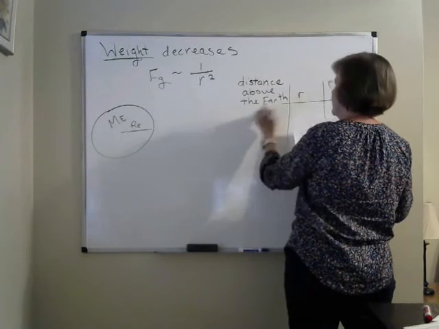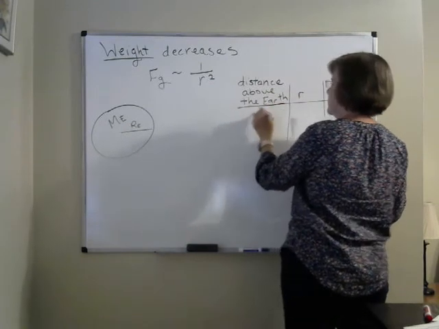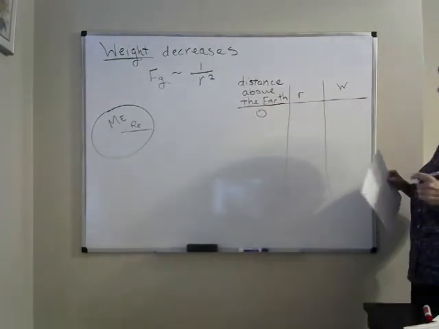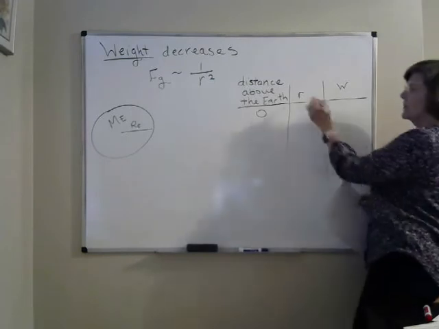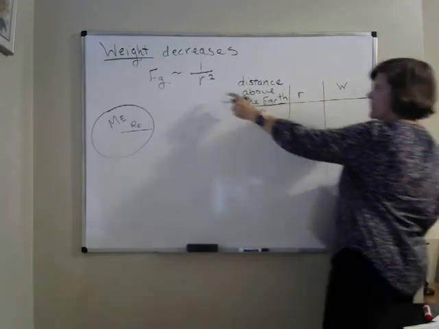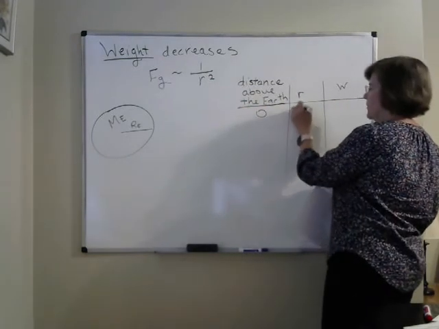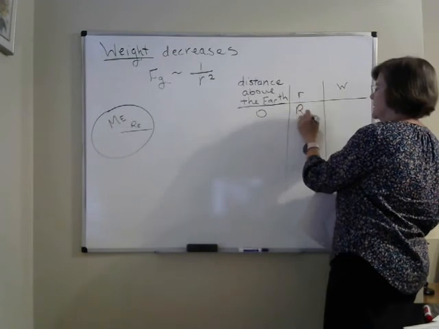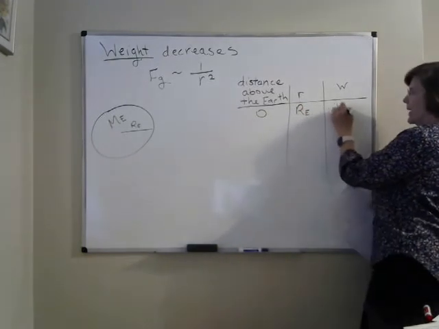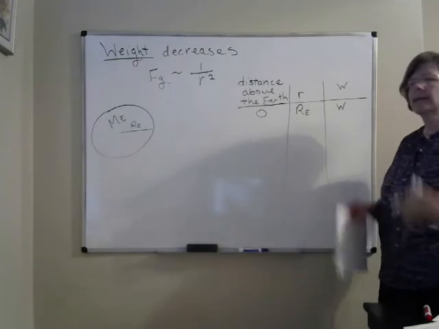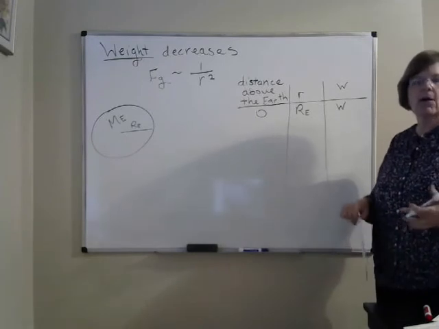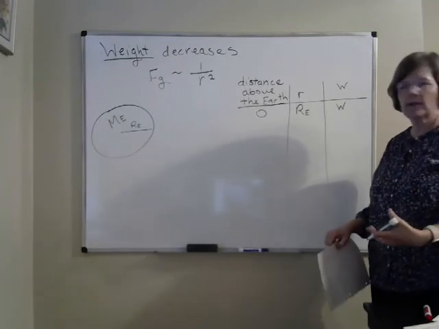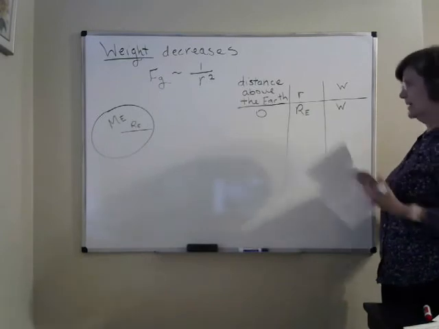Now, if you are not above the earth, you're on the surface of the earth, your value for R in this formula is just 1 earth radius, and we're going to call that a weight of W. So if you weigh W when you're sitting on the surface of the earth, that's that.